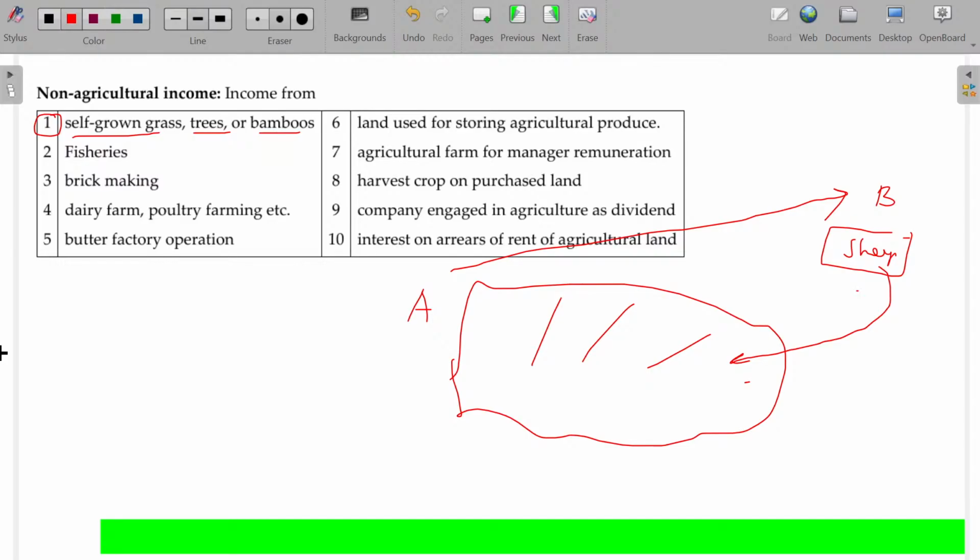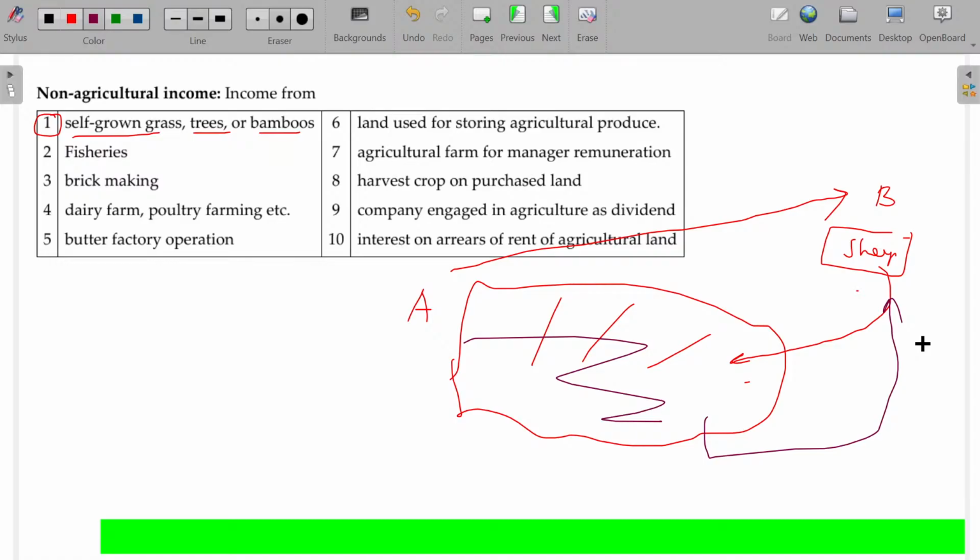Not human excreta, it's all about sheep excreta. Cow dung and all, it's very expensive. So if they graze, automatically excreta will be there and it will be a fertilizer for the land. Next one: A simply cuts all the grass, severs the grass from the land and supplies it to the sheep owner. Then A will get the consideration. You have to understand both the cases.